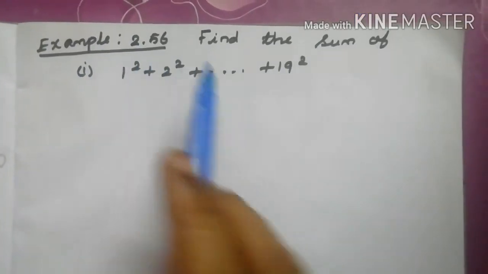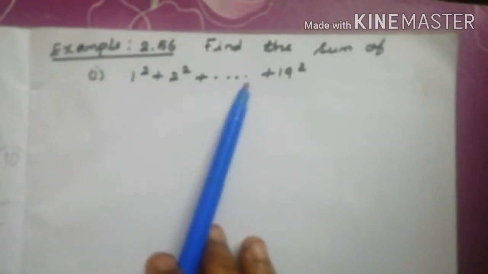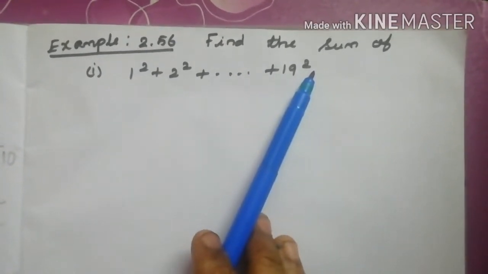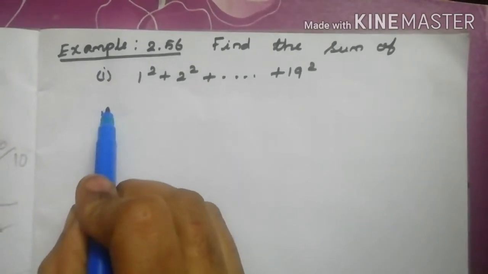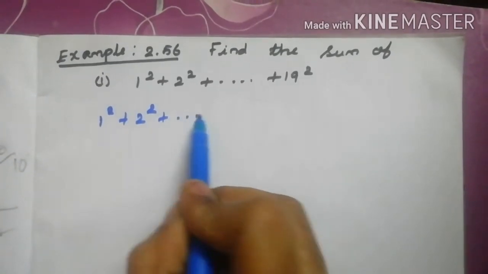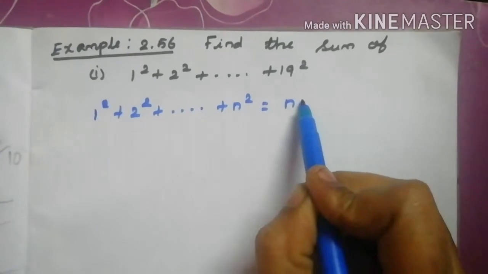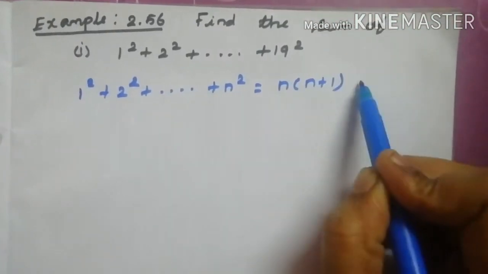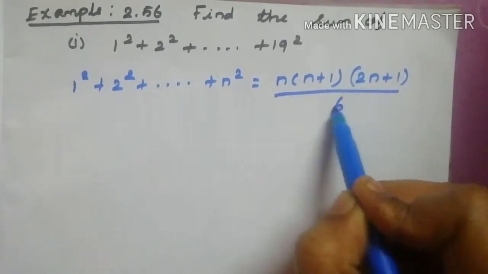Example 2.56. Find the sum of 1 square plus 2 square plus up to 19 square. This is the sum of the squares of the first natural numbers. We know the formula that 1 square plus 2 square plus etc. plus n square is equal to n into n plus 1 into 2n plus 1 by 6.